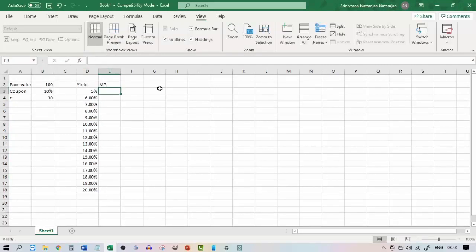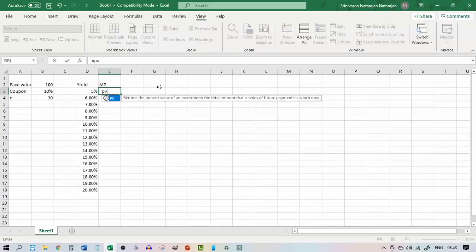So let me just calculate the market price by using the Excel function. Of course, you can always find it out the traditional way, but I'm finding out the value of the bond using the Excel function. Rate is the yield, number of periods is 30, payment is 10 rupees, and face value is 100.